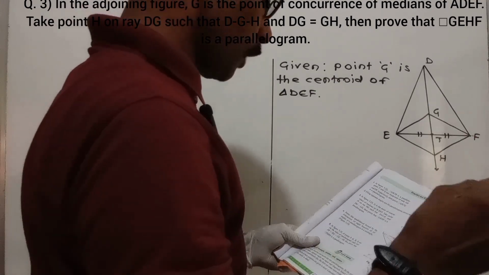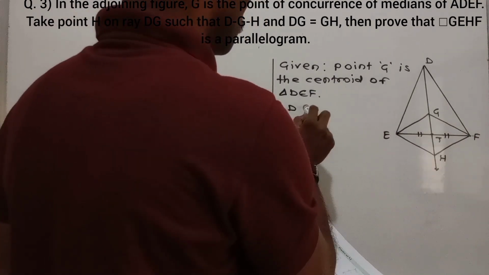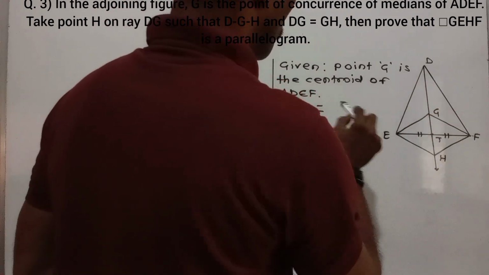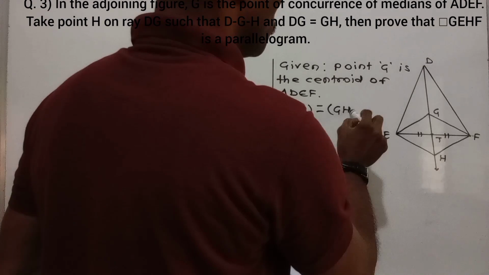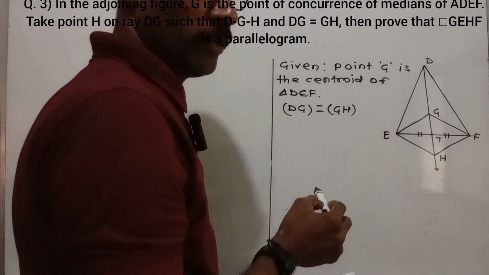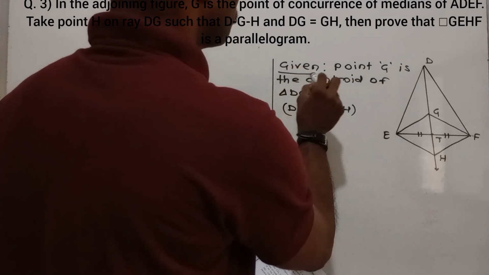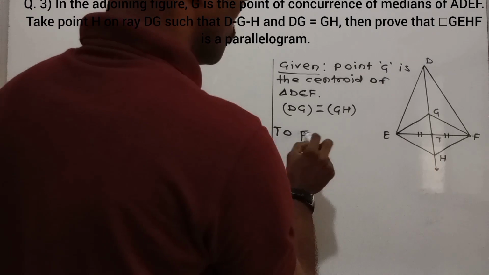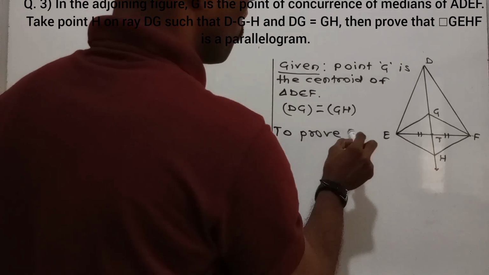As well as we have given DG is equal to GH. This is also given. Okay, this is our given. Then we write to prove.